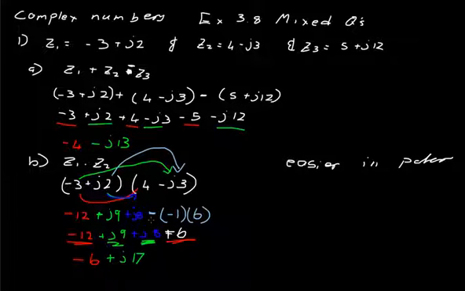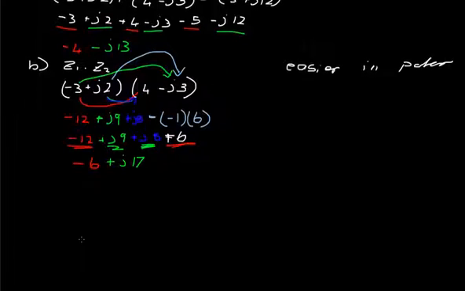Okay, let's move on to question 1C. C says, given those numbers, calculate Z3 over Z2.